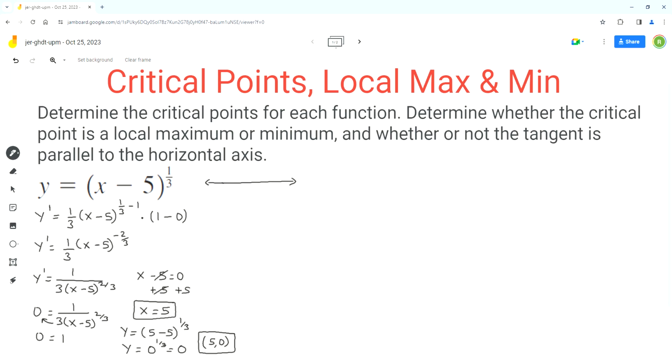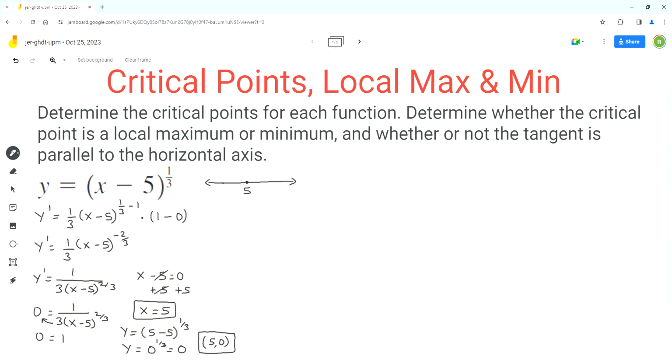Now we can show the critical number, which is x equals 5. So this critical number divides the number line into two parts. So we have to find the value of y prime to see whether y prime is positive or negative on the two sides of this critical number.